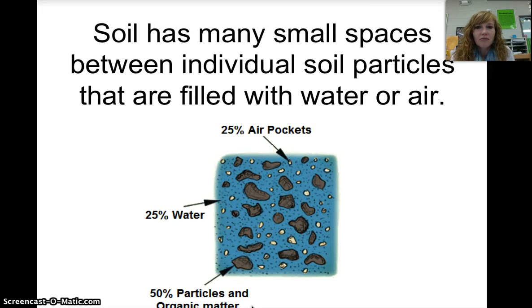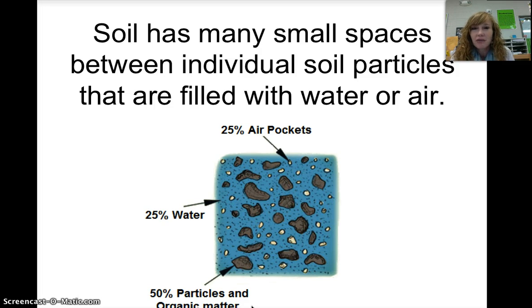Okay. Soil has many small spaces between the individual soil particles that are filled with water or air. Like I said earlier, we think that the soil is really, really tightly packed in there, but usually it's not. It has lots of pockets, sometimes filled with water, sometimes air. If it's dry soil, then it's going to be more air. If it's a very wet soil, it's going to be more water.